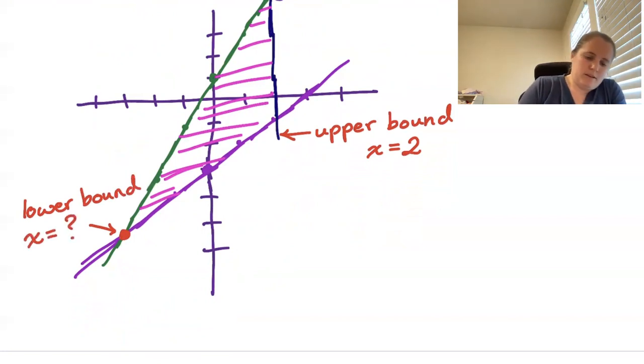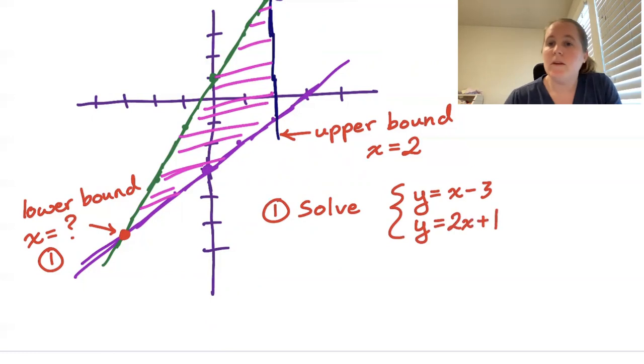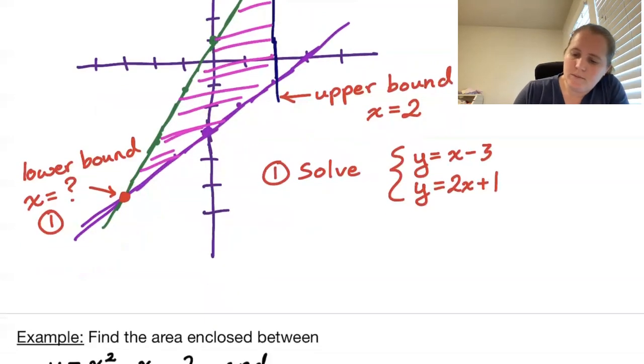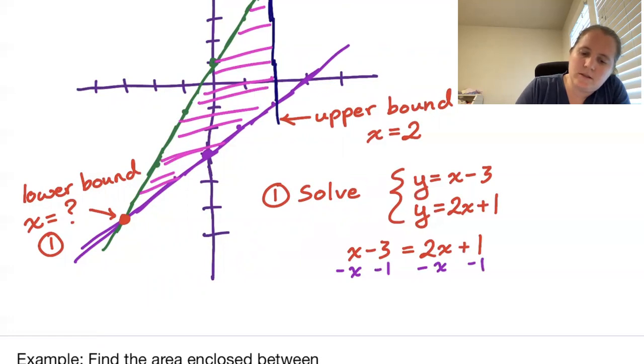So to find that, we're going to solve the system. So our system was y equals x minus 3 and y equals 2x plus 1. We can just do substitution, set these equal. We have x minus 3 equals 2x plus 1. If I subtract x from both sides and subtract 1 from both sides, we wind up getting -4 is equal to x.